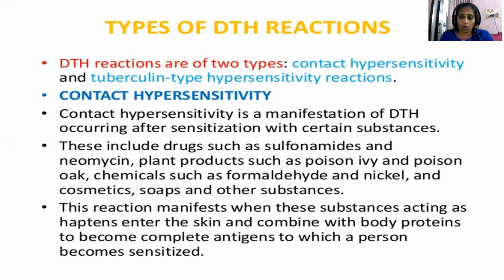If the antigen is not complete, we call it a hapten. So a hapten cannot act as a complete antigen. Haptens, which we call semi-antigens or partial antigens, when they enter our body, combine with our body proteins and become complete antigens, and later the person gets sensitized.